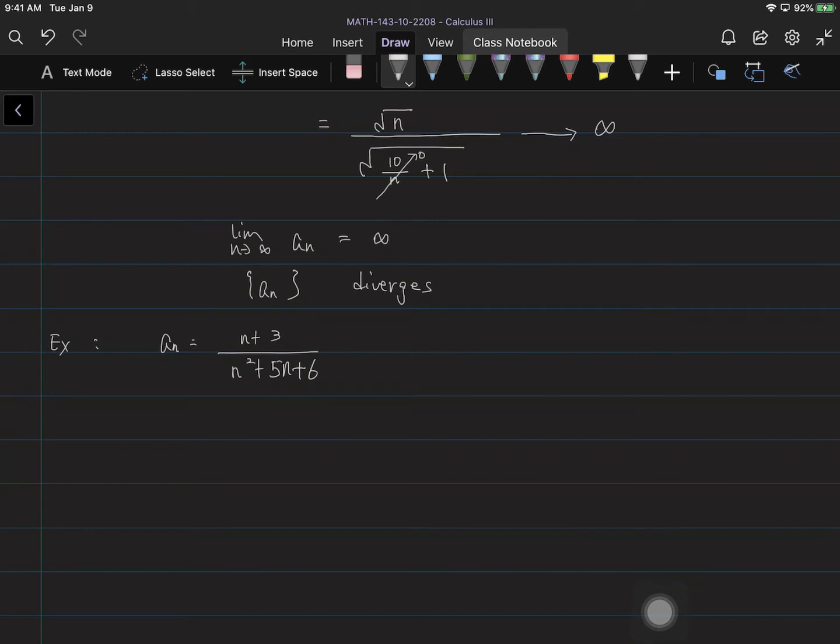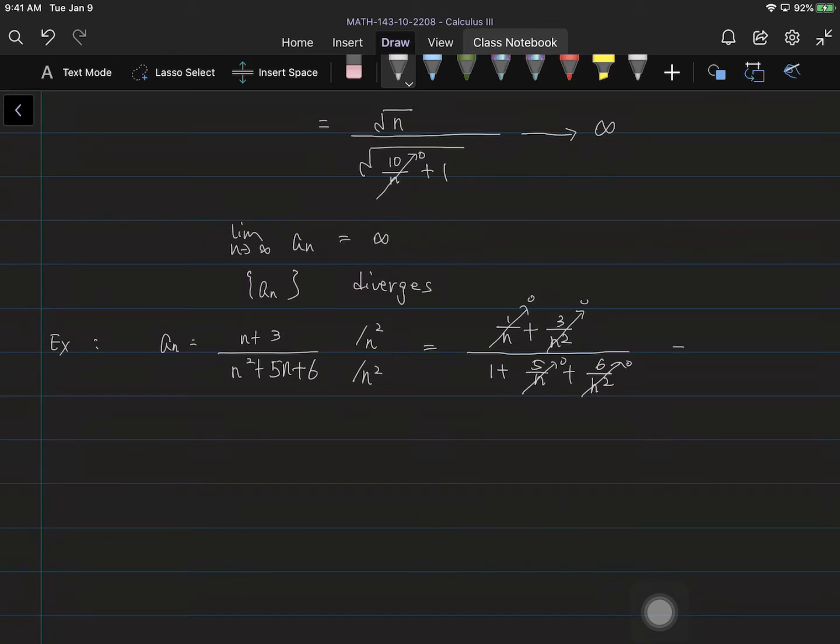So for this case, we divide both by n squared, the highest order power in the denominator, right? And simplify. So it's going to be 1 over n minus 3 over n squared in the numerator, and the denominator 1 plus 5 over n plus 6 over n squared. And all those terms go to 0.